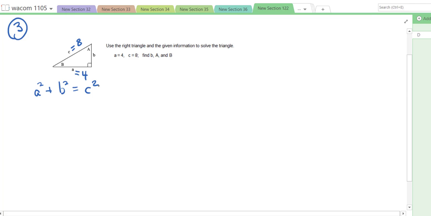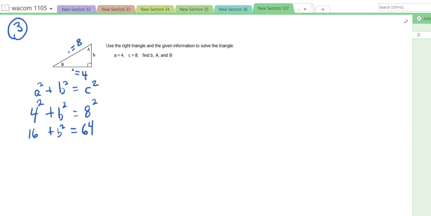All right, so my A is 4, and I'm going to square it. My B, I don't know. My C is 8, and I'm going to square it. So 4 squared is 16. B, I don't know. 8 squared is 64. And so I need to isolate the B squared.